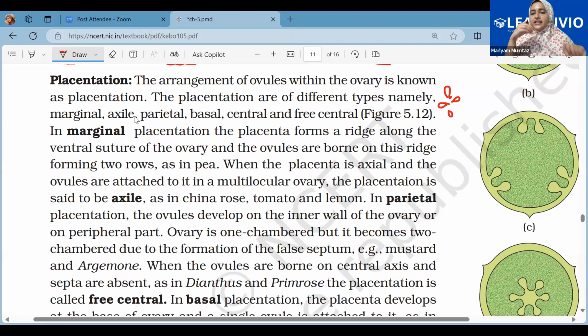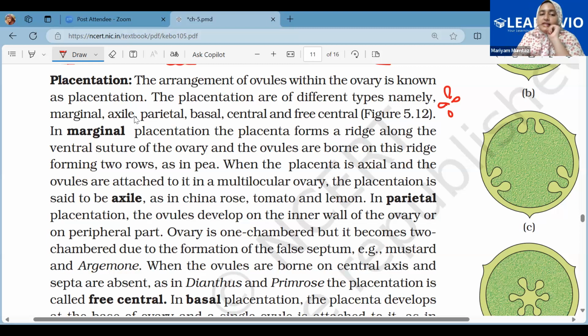So we study that arrangement also. If I say arrangement of ovules within ovary, I mean arrangement of seeds within the fruit. You can think about lemon, green pea, or oranges.